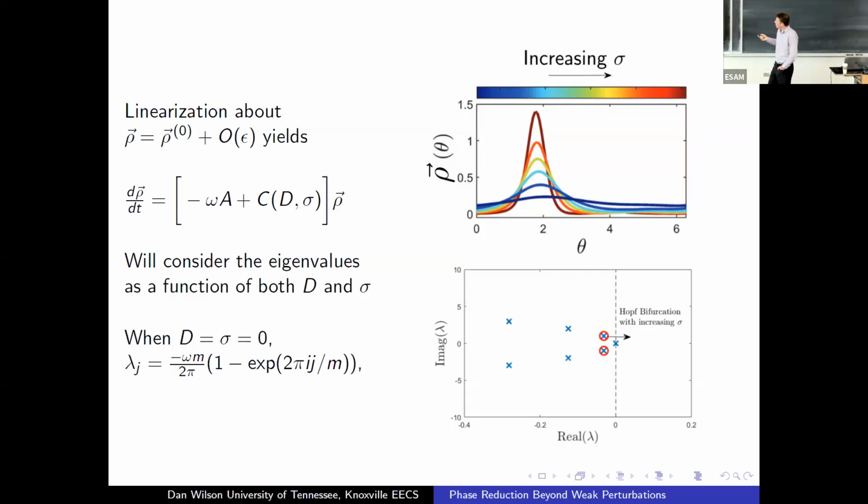As the coupling increases, I start off with a probability distribution which is not very synchronized. I go past that bifurcation, and now I have limit cycles, or if I give different snapshots of those limit cycles in time, I have growing synchrony as I go further and further to the right across that Hopf bifurcation.